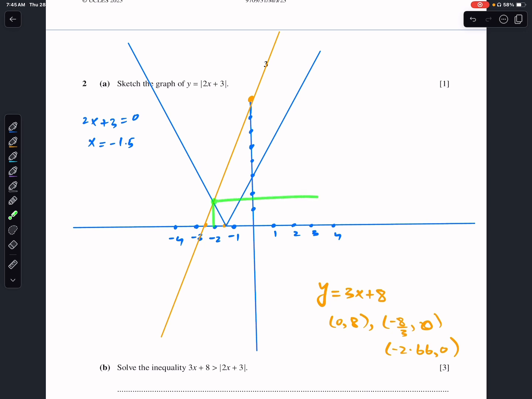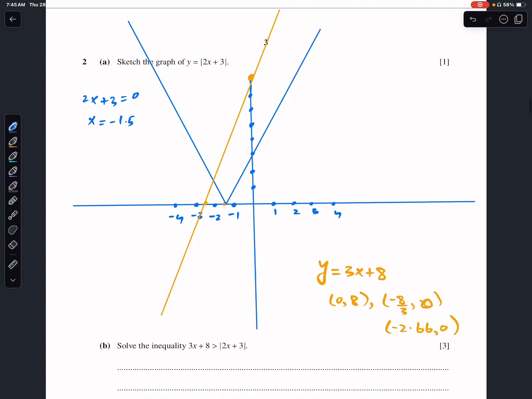After this point, you can see that your line is above and your mod is below, okay? But before this point, you can see that mod is above and your line is below the mod, okay? So you need to find this point. So in order to find this point, it's very easy. Just equate the negative part of mod equal to the line.